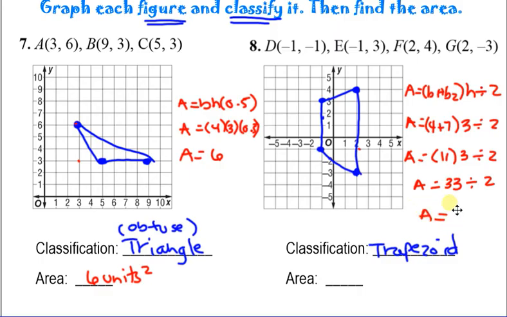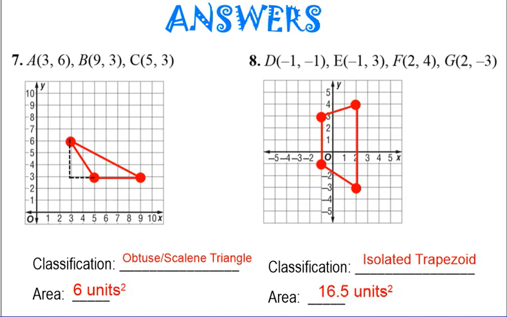Area equals, let's see, 33 divided by 2 is going to give you 16.5. And so your area is 16.5 units squared. Okay? And those are the answers to what we just did.